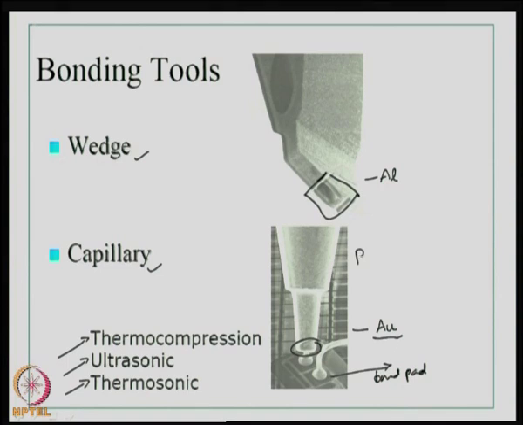So, here you will use ball bonding process, and the classification of the entire bonding can be thermocompression, ultrasonic or thermosonic. If it is a combination of heat and ultrasonic energy, then it is known as thermosonic bonding.